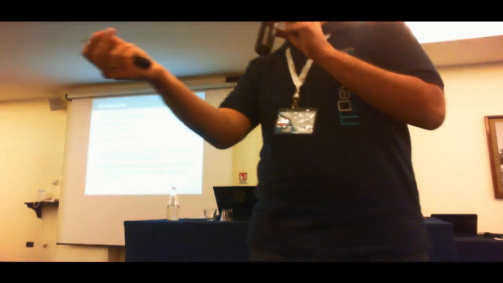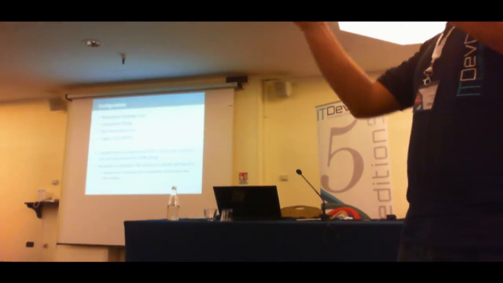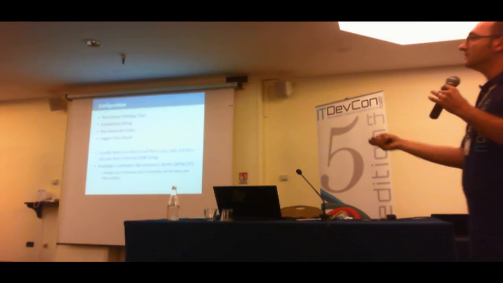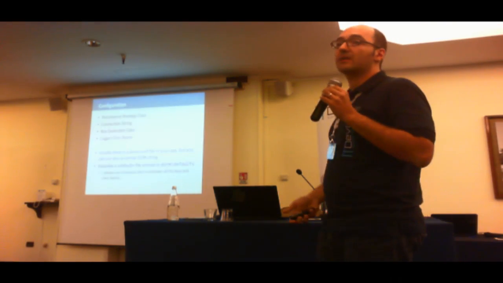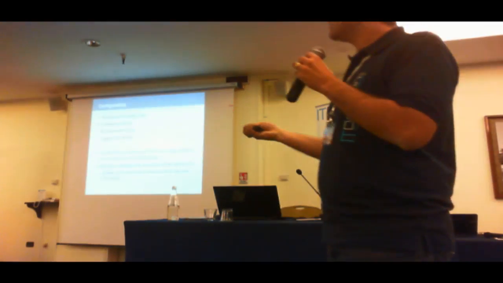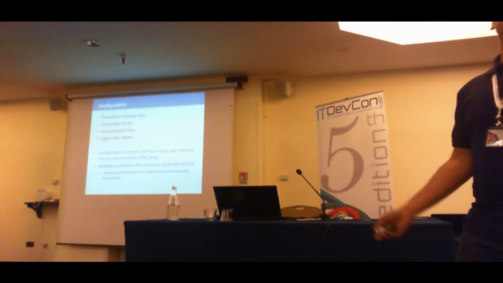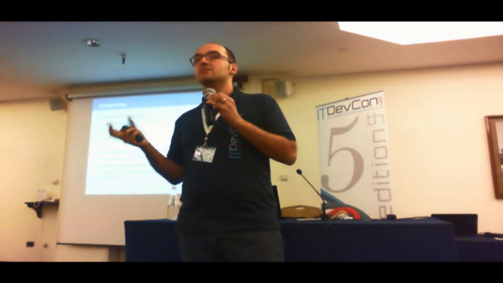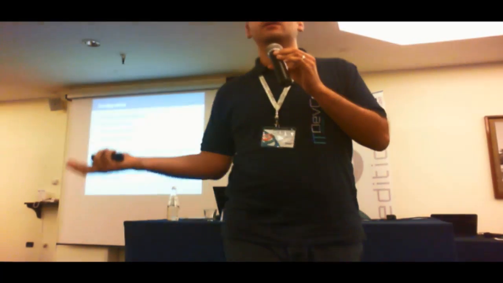All the machinery related to the database is confined here in the persistence strategy class. Then there is the connection string, the key generator class, so a class that can generate keys, and a logger class name, because DORM has a mechanism to configure its logging system.